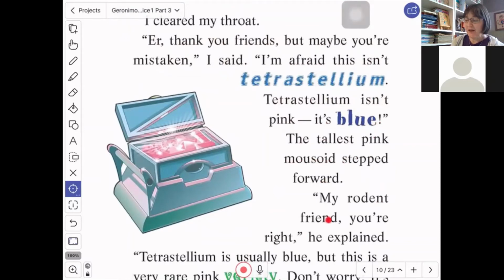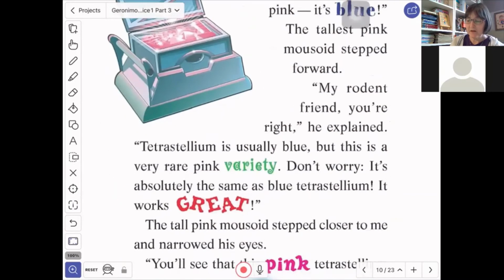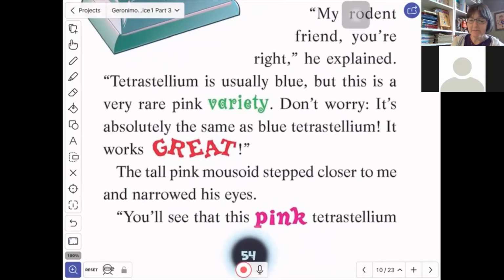My rodent friend, you're right, he explained. Tetrastellium is usually blue, but this is a very rare pink variety. Don't worry, it's absolutely the same as blue tetrastellium. It works great. Do you believe it?